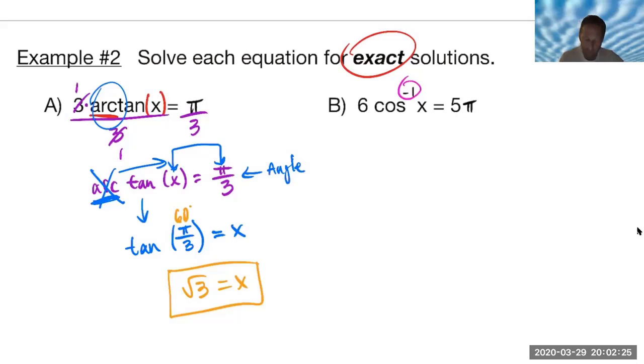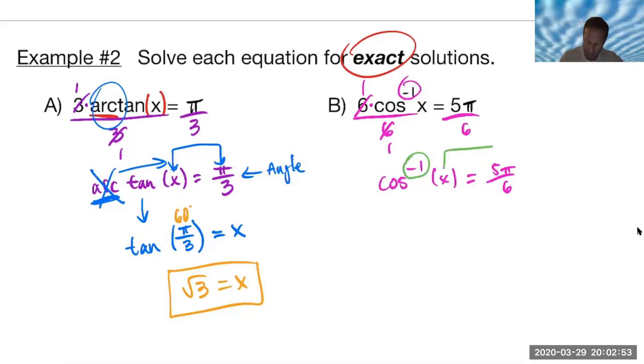And first things first, we need to always isolate the trig function first. So in this case, since it's being multiplied, I will divide by 6 to get my inverse cosine of x equals 5 pi over 6. And then at that point, I know that to get rid of the inverse, I actually can do what it says this time rather than us having to do it.